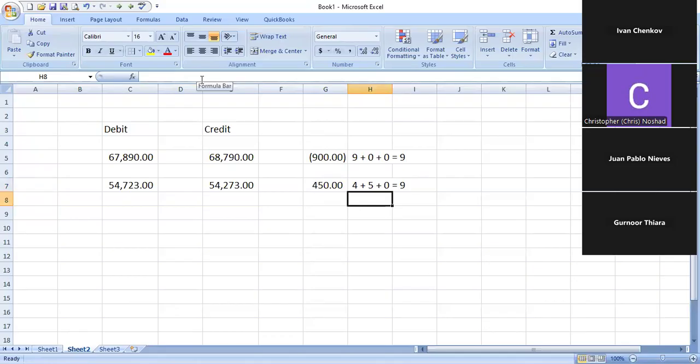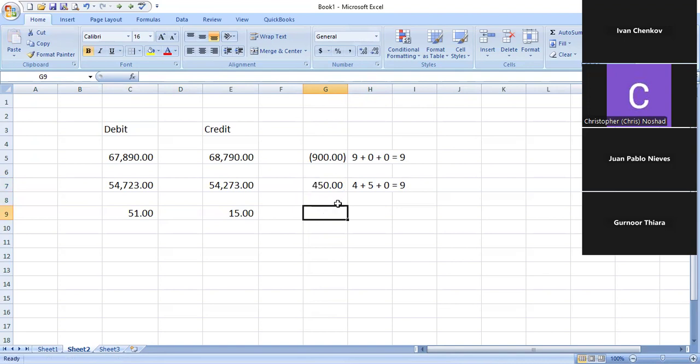And we can keep going with this. We can go with, let's say, 51 and 15. Now, how much is the difference?